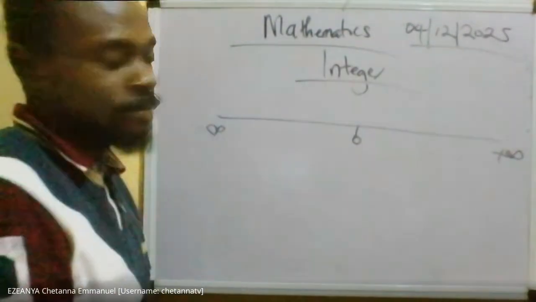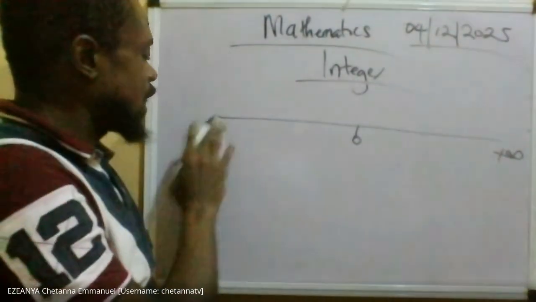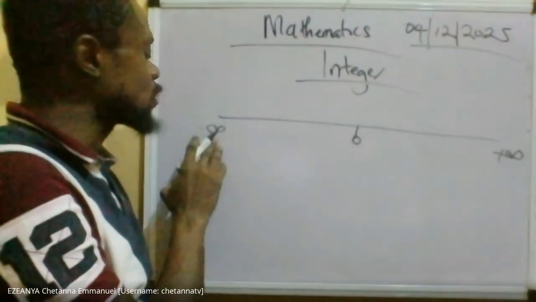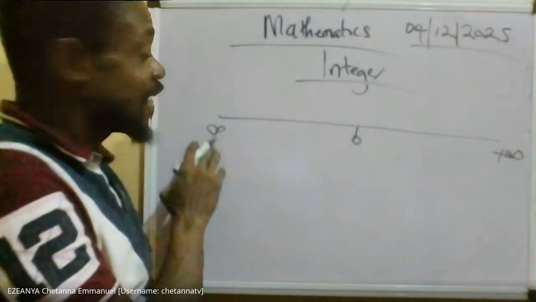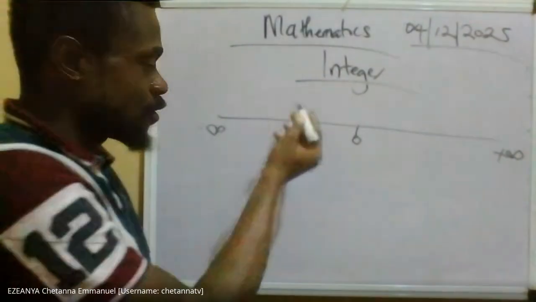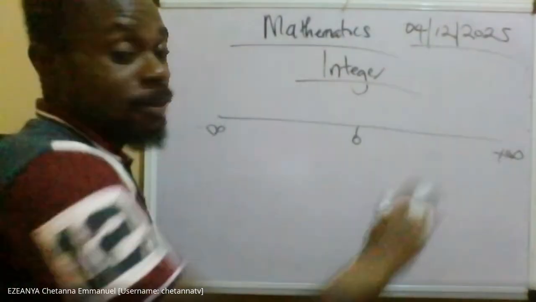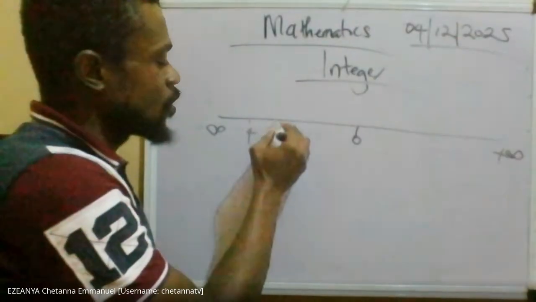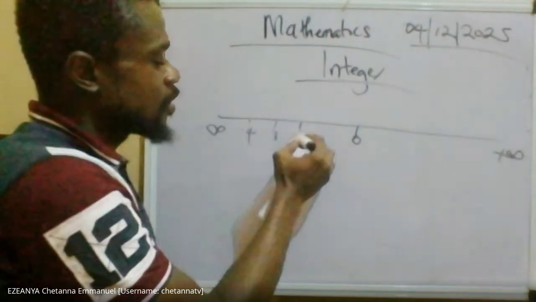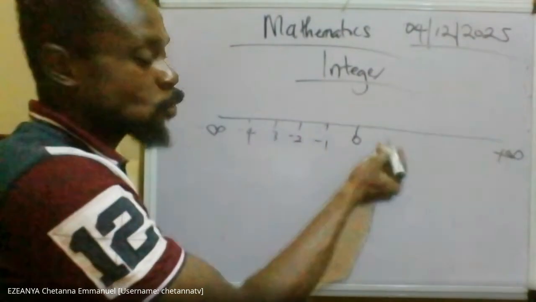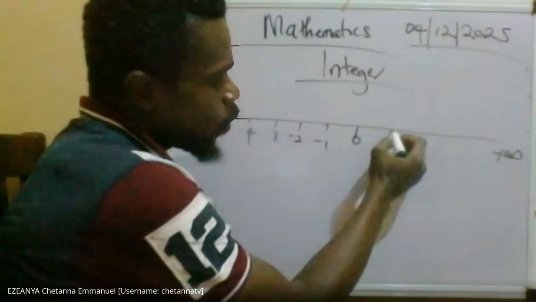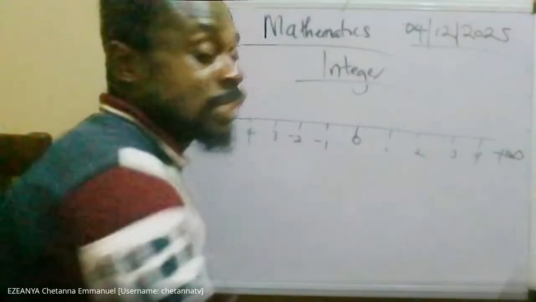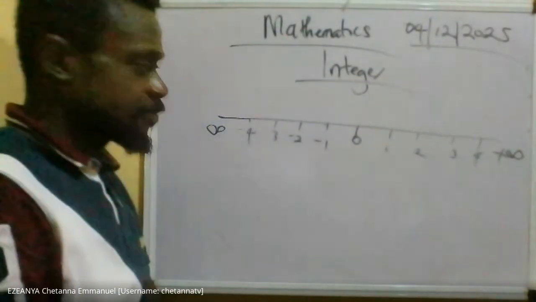Zero. If it is negative infinity, it means that we don't even know where the negative side starts. But due to the length of this line, I can simply start from -4, -3, -2, -1 and 0, and 1, 2, 3, 4 to positive infinity.